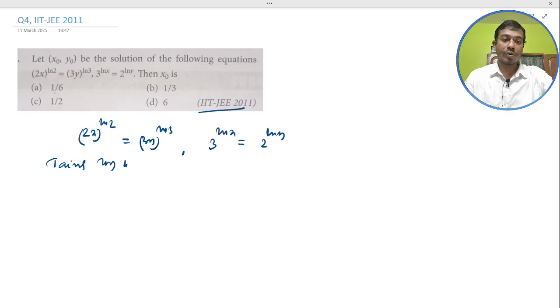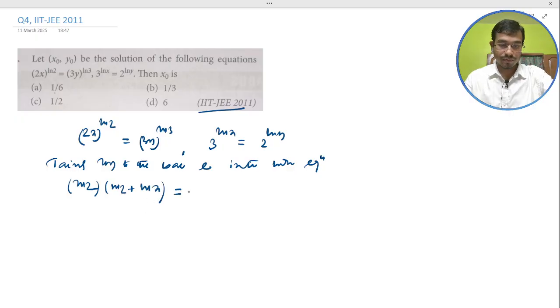Taking log to the base e in both equations, that is ln 2 into ln 2 plus ln x, equal to ln 3 into ln 3 plus ln y.